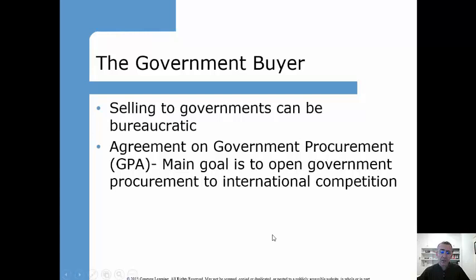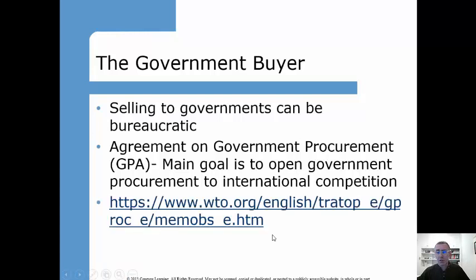It's a lot of work. There are lots of rules and regulations, and specs, and the things you have to go through are really numerous. But it's worth the hassle if you're willing to work hard, because as you just saw, the government very much has the money.